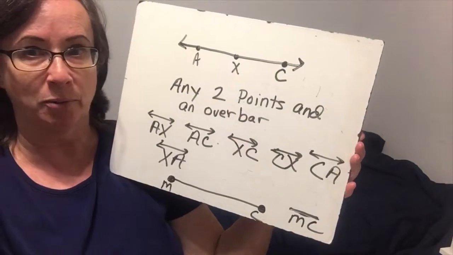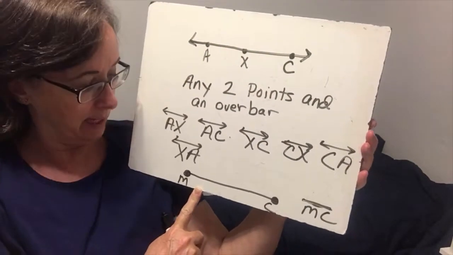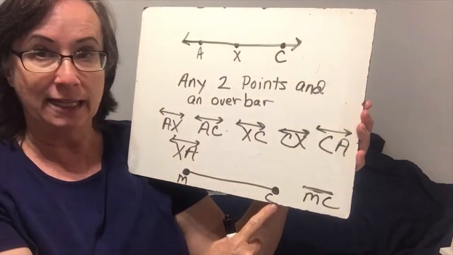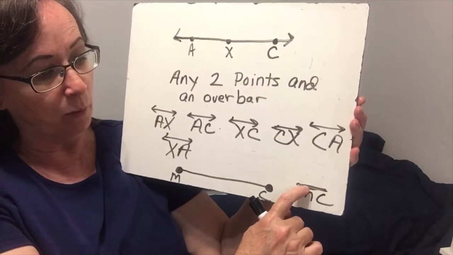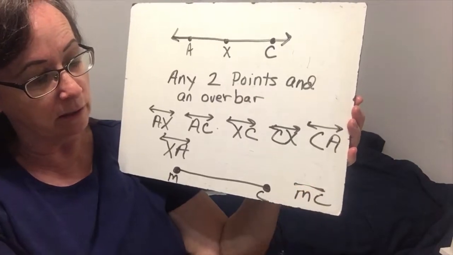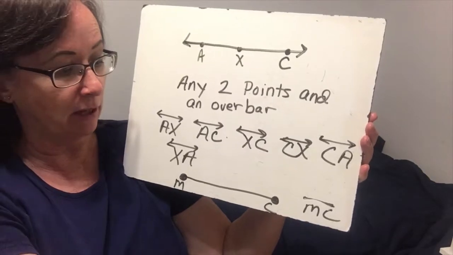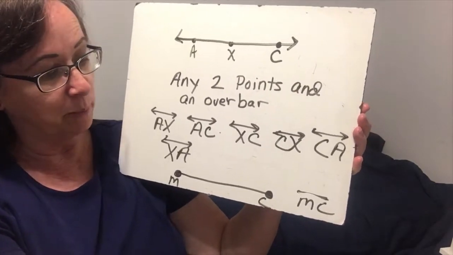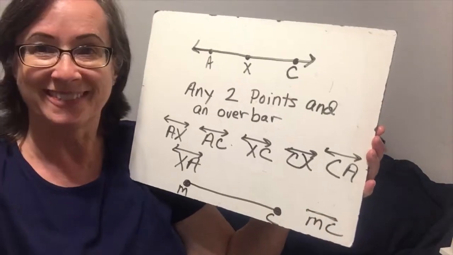There is no end point. It never stops, but a line segment does stop. It ends at M and it ends on the other end at C. So we use an overbar with no arrows, and then we just put the 2 end points underneath the overbar, and that will be our line segment there.